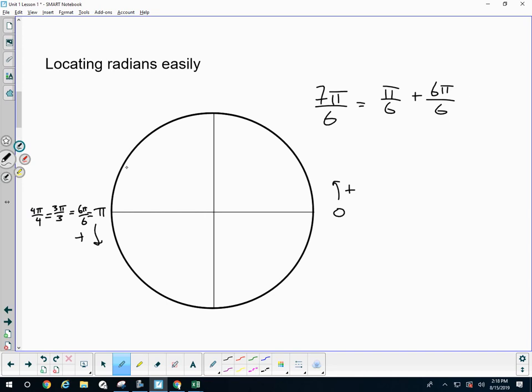If I start at 6 pi over 6 and I add a pi over 6, knowing that the pi over 6 is 30 degrees, I know that I'm going to be located right here in the third quadrant creating a 30-degree angle. And this, my friends, is how I will quickly locate 7 pi over 6.